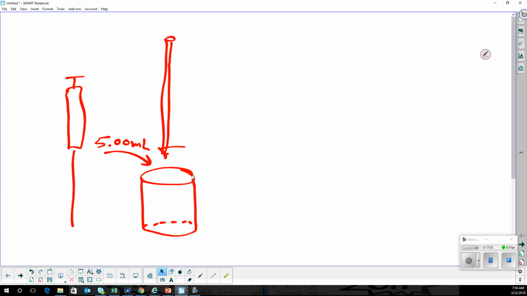What I need you to make sure you're doing on your graphs, where I saw problems and some of you lost points: make sure that I can see what your milliliters are and what your pH is. Some of you didn't widen that column so you could actually see the pH. All you saw was numbers and you had no idea where the decimal was. So make sure you're widening that. Number 2, make sure that you're doing an interpolate.